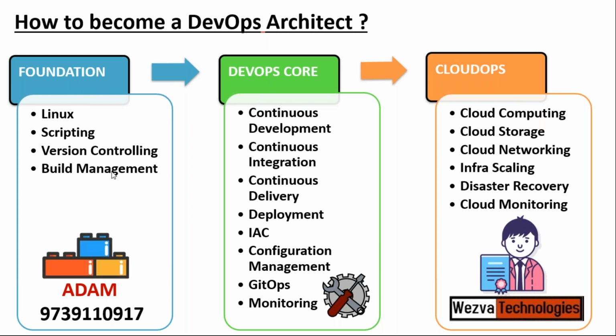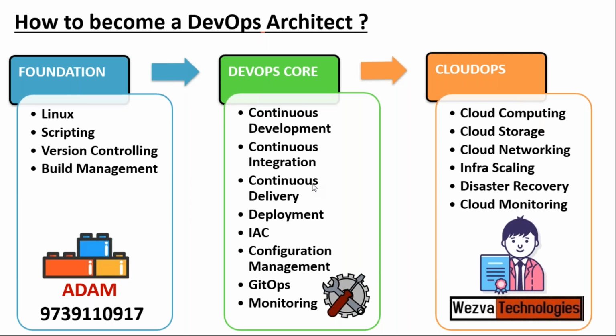Okay. And then you talk about the actual trends of DevOps, which we call DevOps core, where you will be learning concepts like continuous development, continuous integration, continuous delivery, GitOps, monitoring, and infrastructure as code. Now, you can stop only until here. But if you stop here, then you will be able to fit only into those organizations who focus more on the product side of the problems.